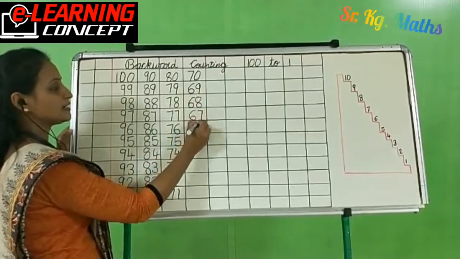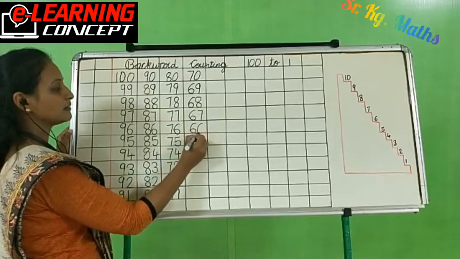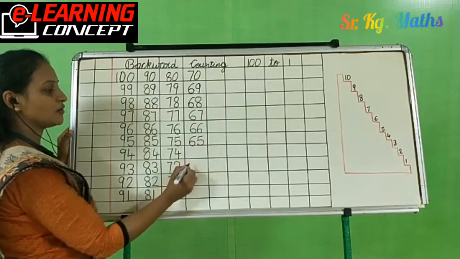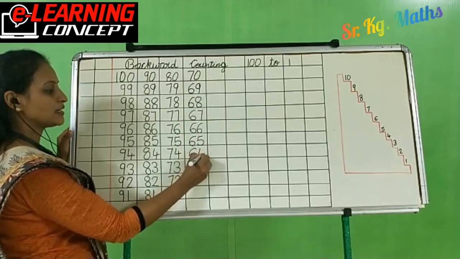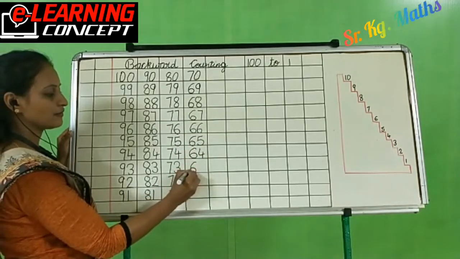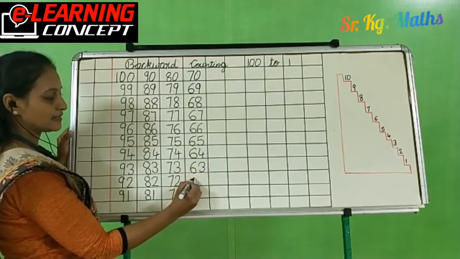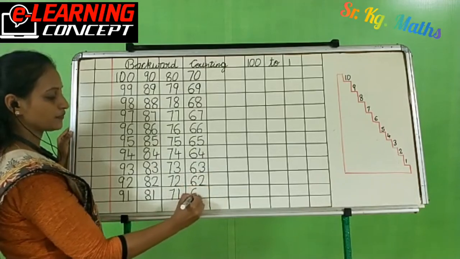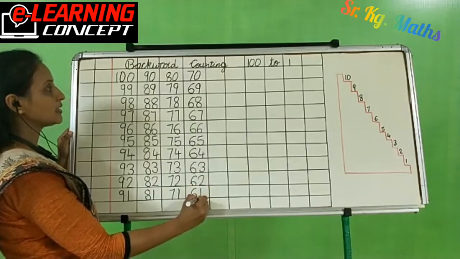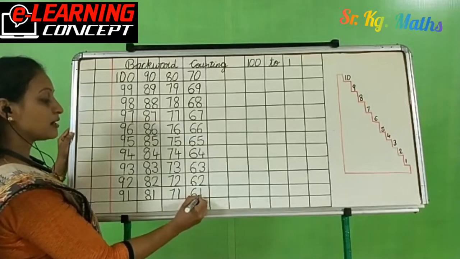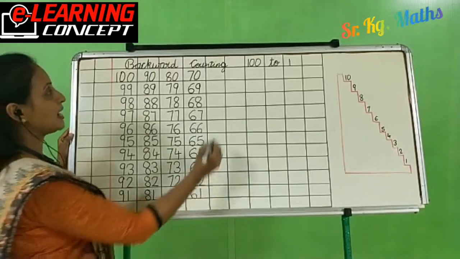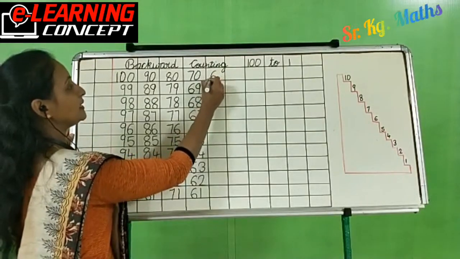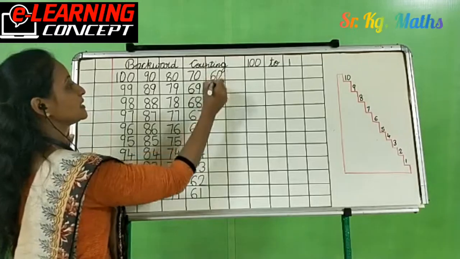Then 6, 7, 67. 6, 6, 66. 6, 5, 65. 6, 4, 64. 6, 3, 63, 6, 2, 62, and 6, 1, 61. Which number comes before 61? Yes, 60, 60. Then we will write here 60.